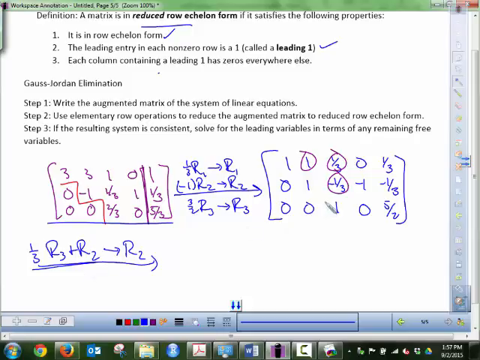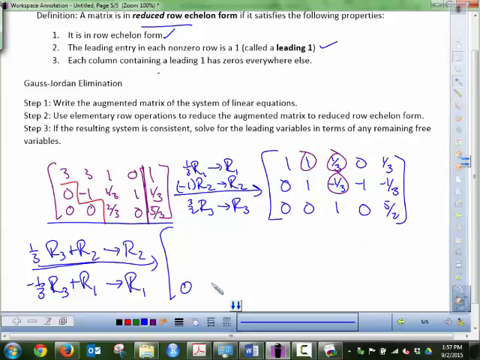See, but by doing it this way, though, I'm kind of guaranteed not to change the ones, because anything below that is 0. So I'm also going to, at the same time, get rid of this 1/3 here. So I'm going to take the same row 3 and multiply that by -1/3, and then add that to row 1, and then replace row 1 by that.